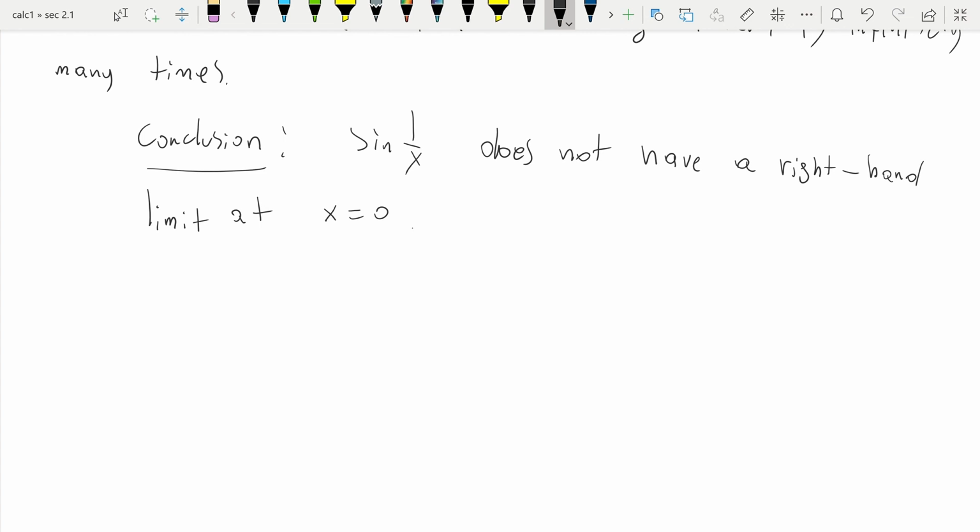Okay, so there are many ways in which the function may fail to have a one-sided limit or a limit in general. Not only can the function become unbounded nearby, but also it can oscillate. This is the takeaway of this discussion.